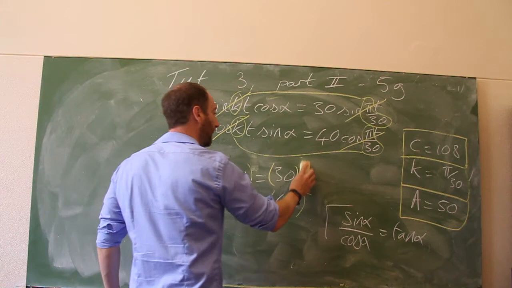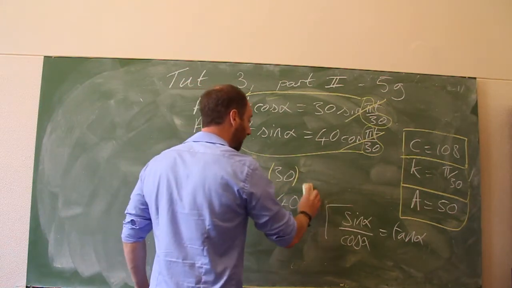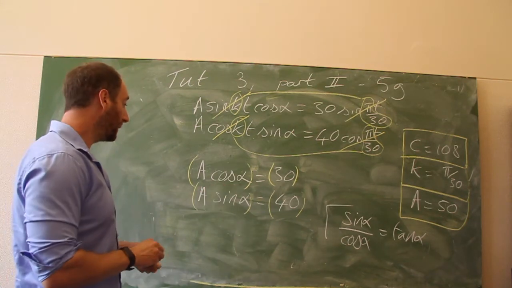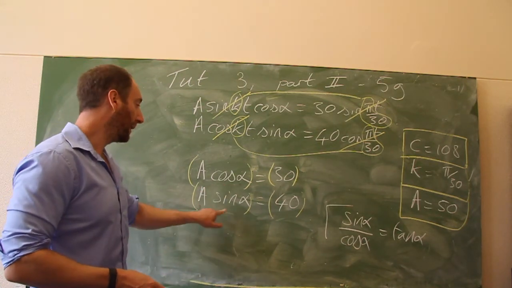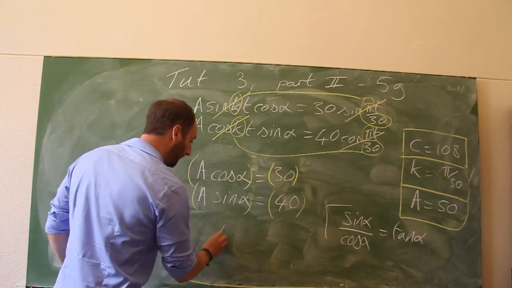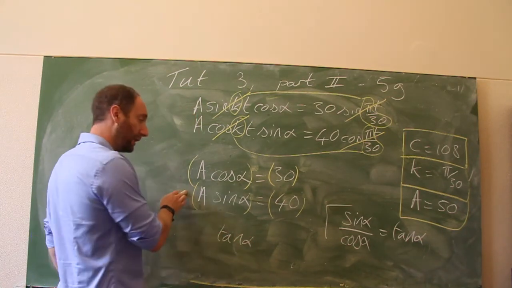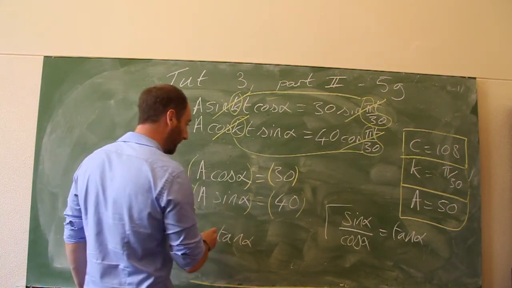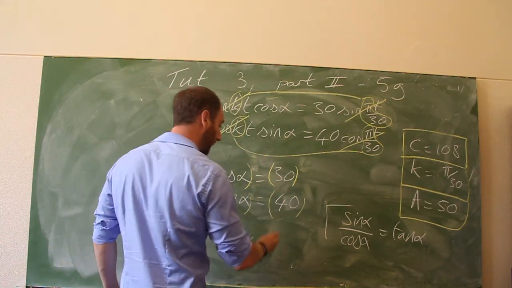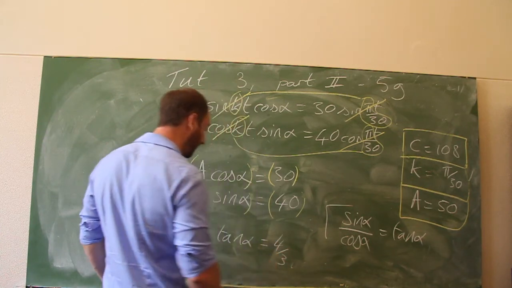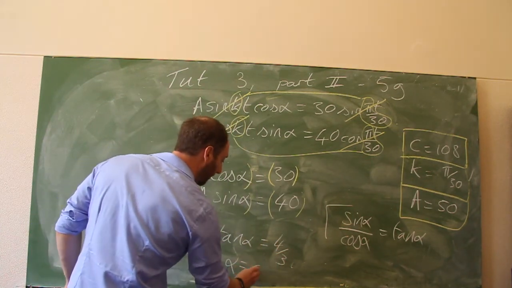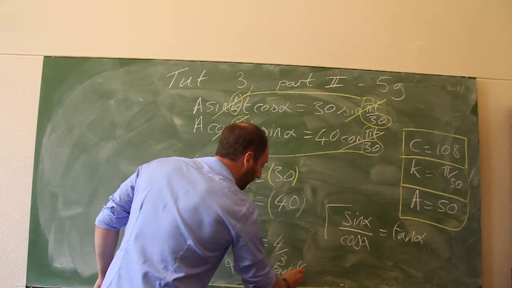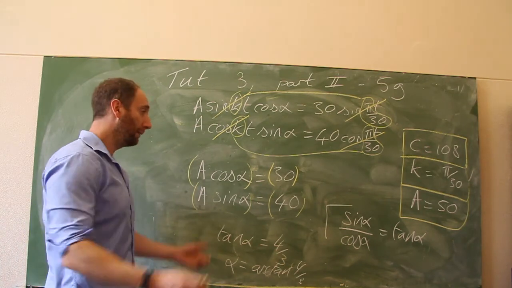Let's remove the squared here and here, and now let's simply divide this one by this one. When we do that, we see first of all that the a's cancel, and then that we end up with tan alpha on this side. So tan alpha, the left-hand side of this equation divided by the left-hand side of this equation, is tan alpha equals 40 divided by 30, which is 4 over 3, which tells us that alpha is arctan 4/3. Okay, and we're done.